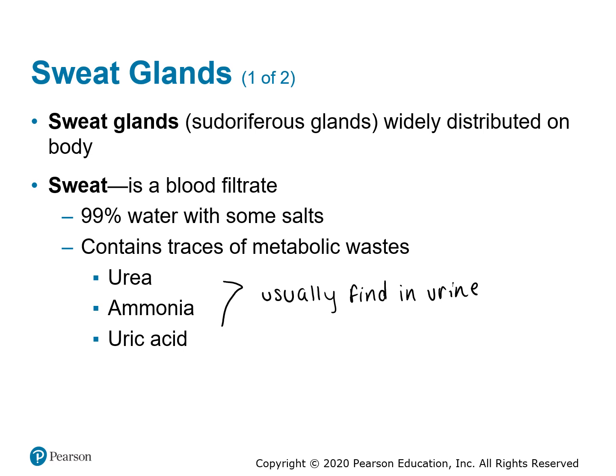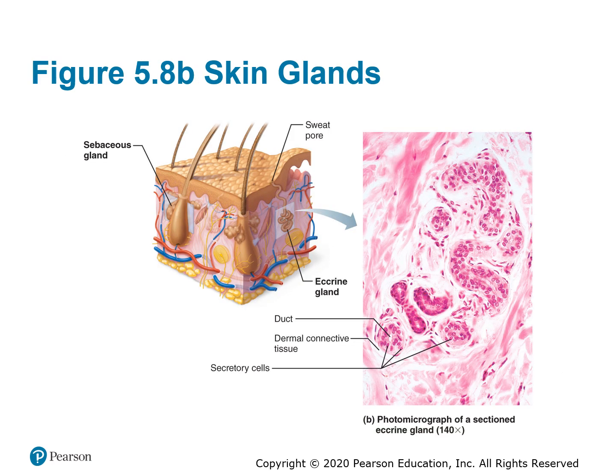There are two types of sweat glands. There are eccrine sweat glands and apocrine sweat glands. This is again just an image of what these glands would look like.